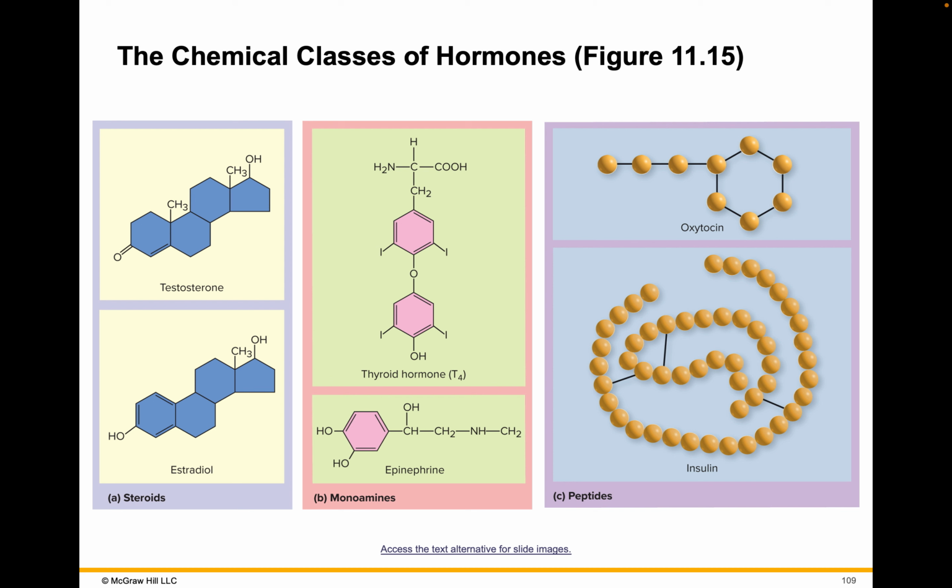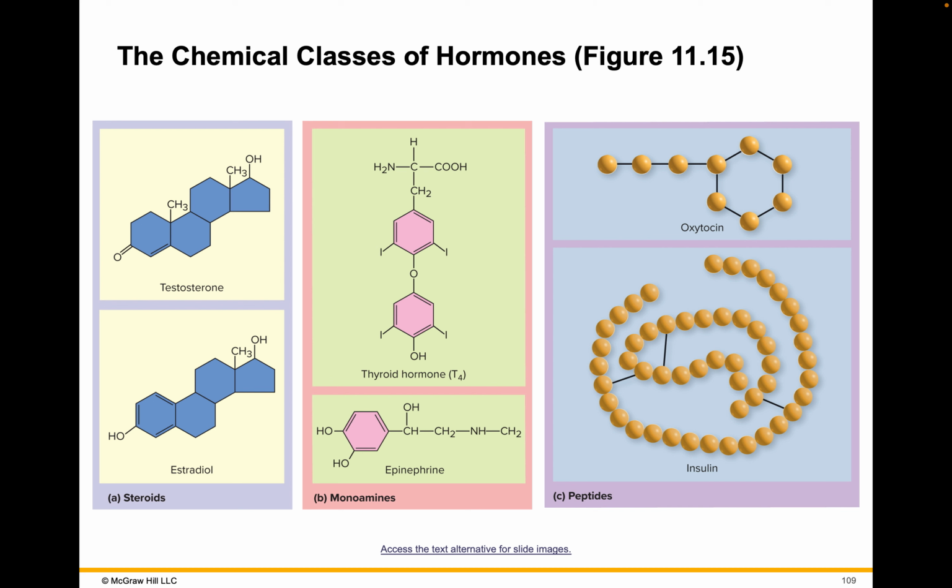So these steroid hormones go through what we call direct gene activation, meaning they can pass straight through the cell membrane of a cell and directly act on the DNA of that cell in order to stimulate it or tell it what to do.